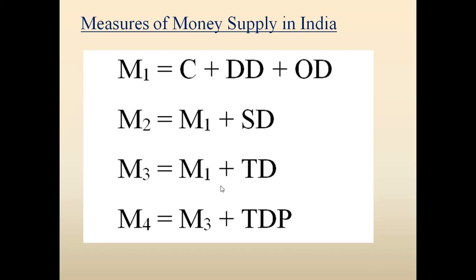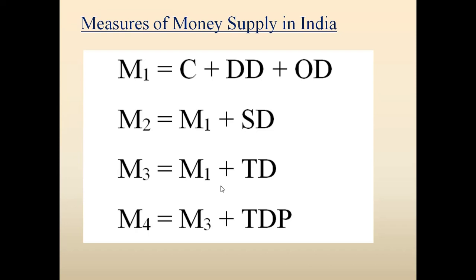So by supply of money, we actually refer to the stock of money held by the public at a point of time. Like on 20th of April, how much money was held by the public? On 19th of April, how much? On 21st of April, how much? That is the concept of supply.